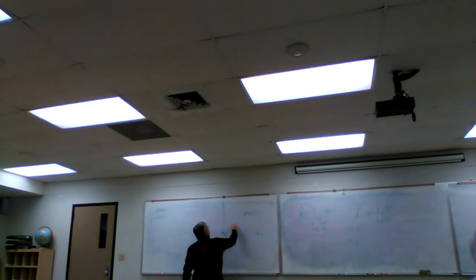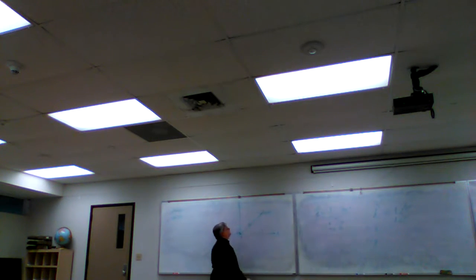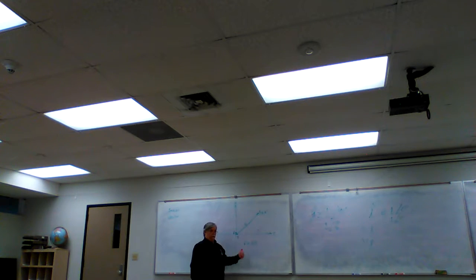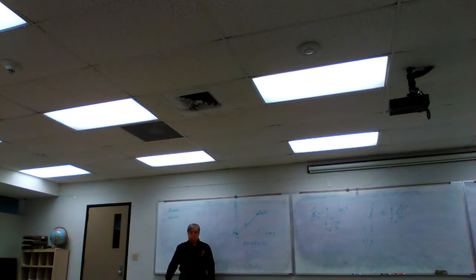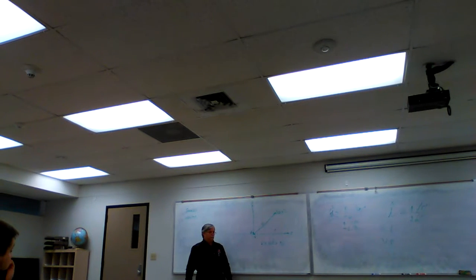This vector, we're going to call it v, can be described in rectangular coordinates or Cartesian coordinates as the vector 12i plus the vector 9j. Okay?